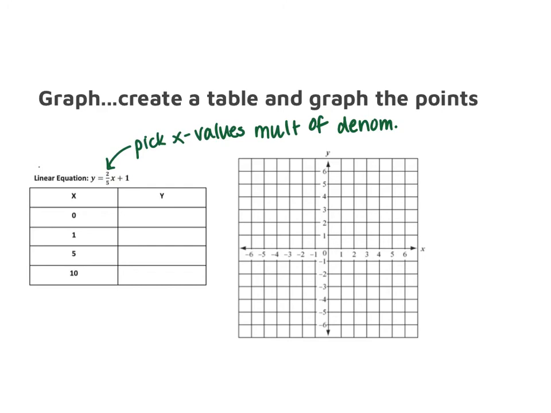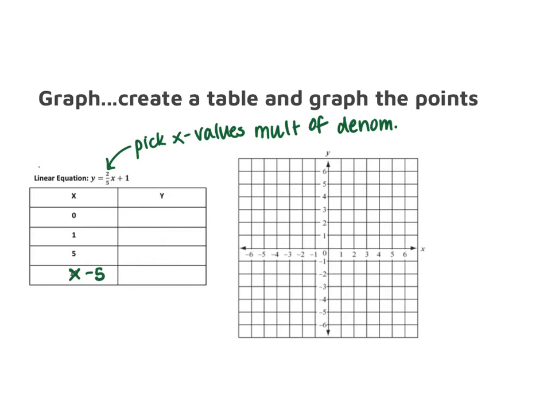So I'm going to change a couple of these numbers because I notice, for example, 10 is a multiple of the denominator, because multiples means like skip counting 5, 10, 15, 20. But I noticed that my x values can't go up to 10, so I'm going to switch that one to a -5, because -5 could be used.